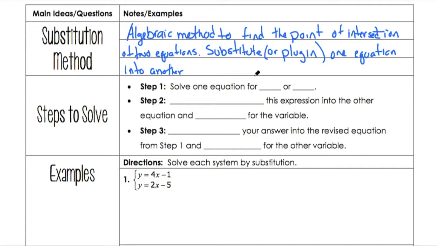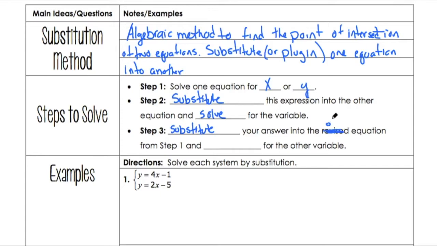So here are some steps for how we will use the substitution method. We will solve one equation for x or y. We will then substitute this expression into the other equation and solve for the variable that we have left. We will then substitute our answer into the original equation.